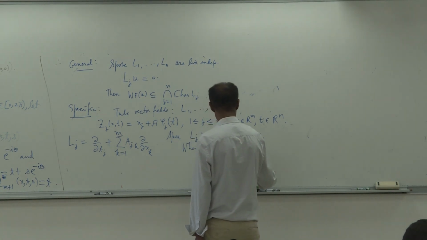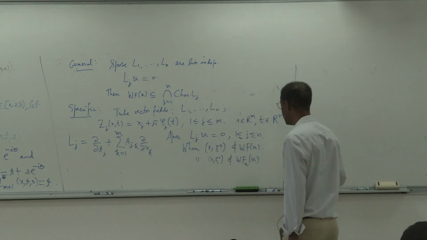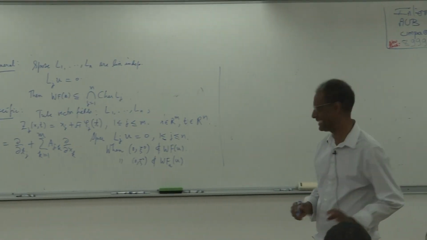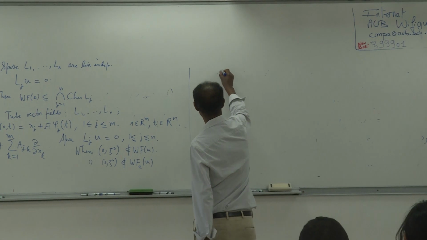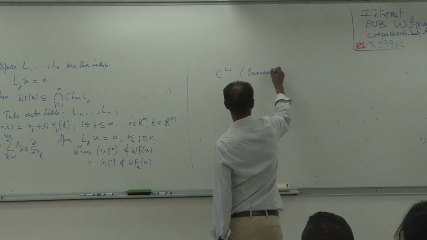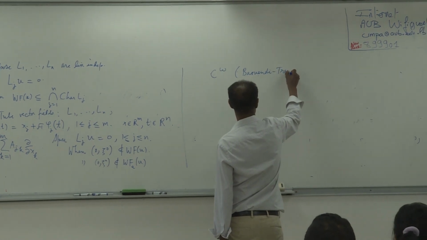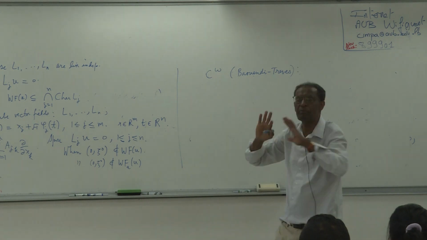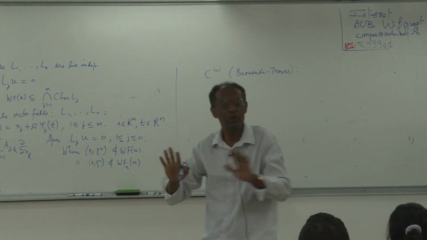Let me tell you that in the analytic case, there is a very nice, simple, necessary and sufficient condition. This is due to Baouendi and Treves. I think I sent this paper to Florian. It's one of the simplest papers I have ever written, very simple to understand.